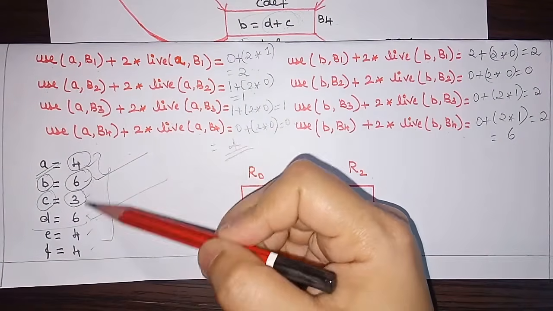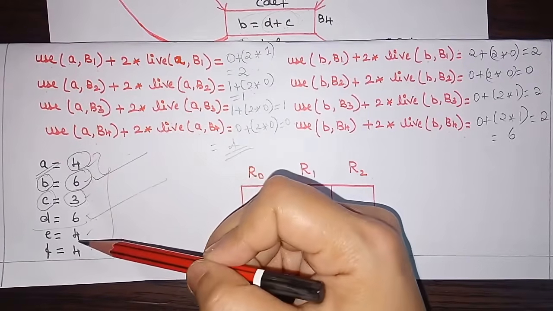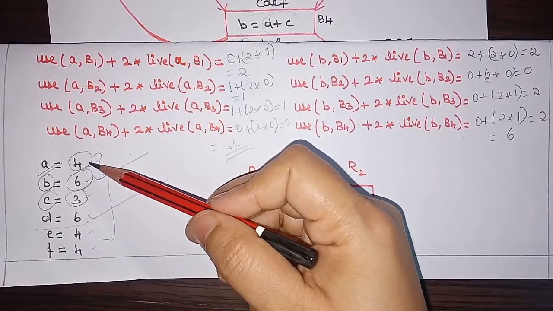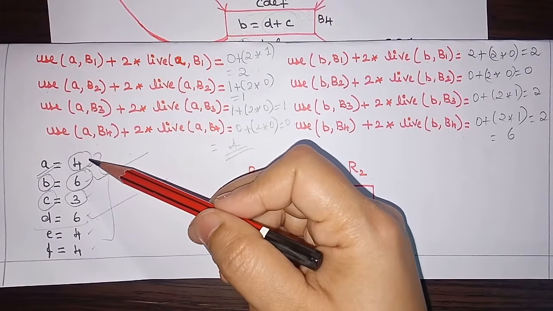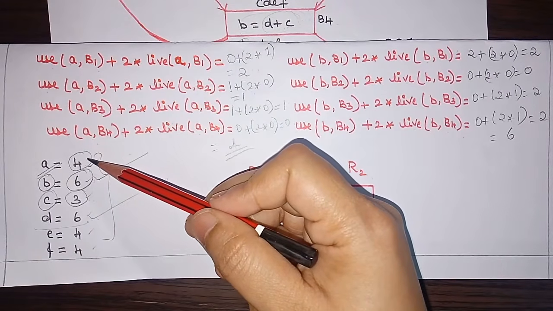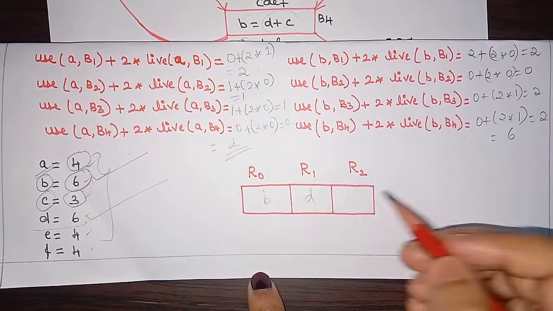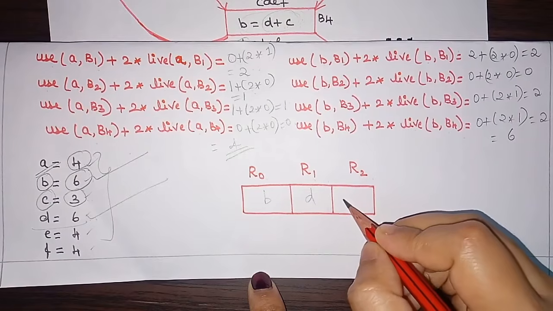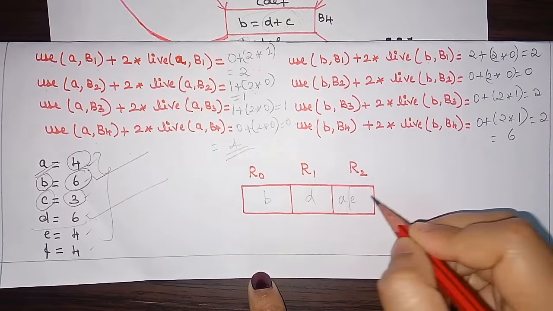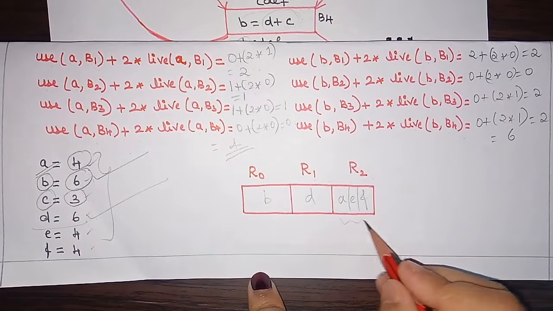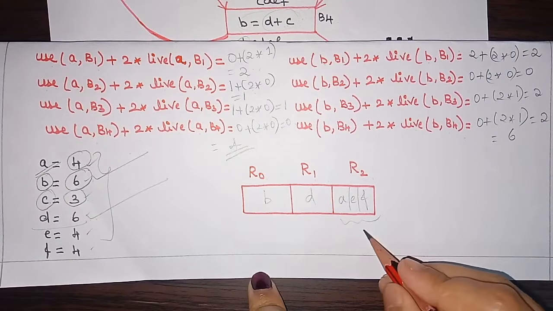Then if you see the remaining variables, A, E, F, these 3 variables have the same cost saving, that is 4. So we can assign either A, or E, or F to register R2, so that we can save 4 cost.